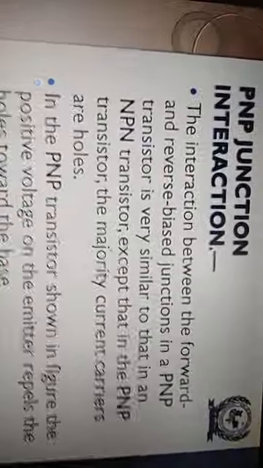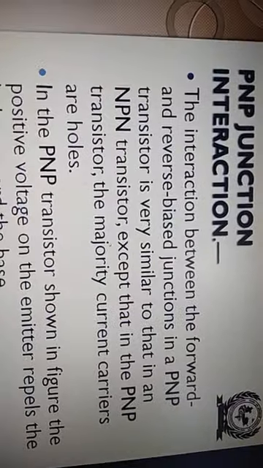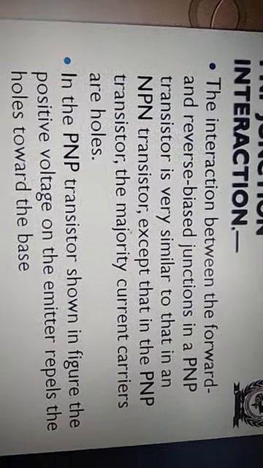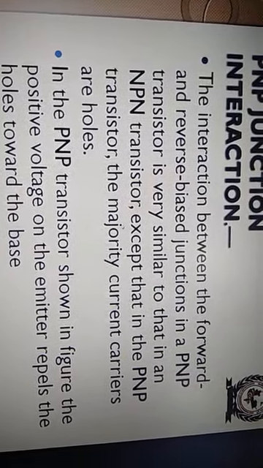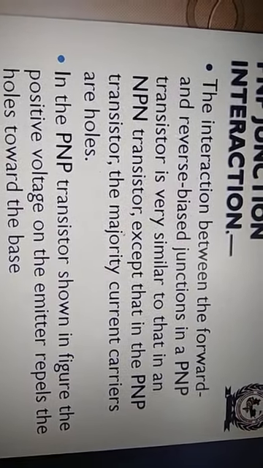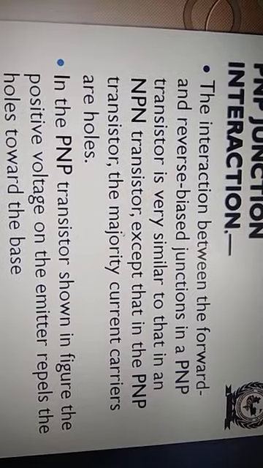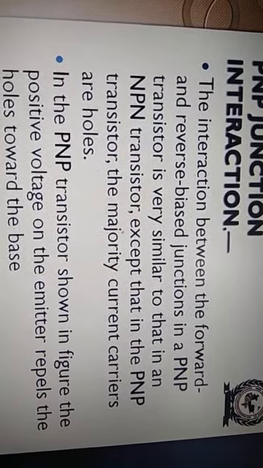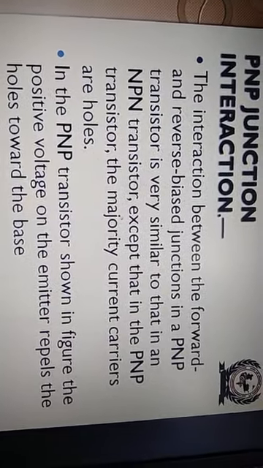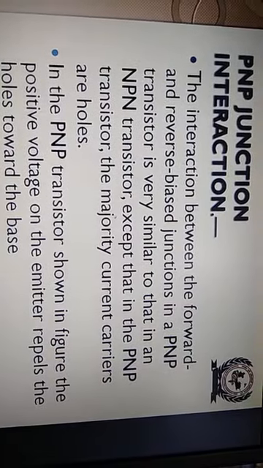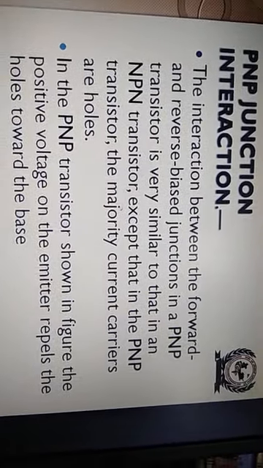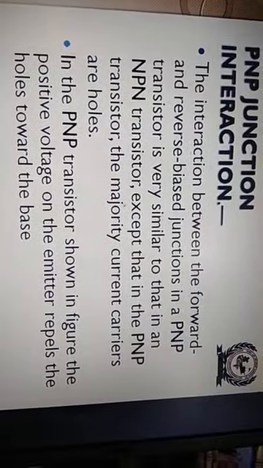PNP junction interaction. The interaction between the forward and reverse bias junctions in a PNP transistor is very similar to that in an NPN transistor, except that in the PNP transistor, the majority current carriers are holes.